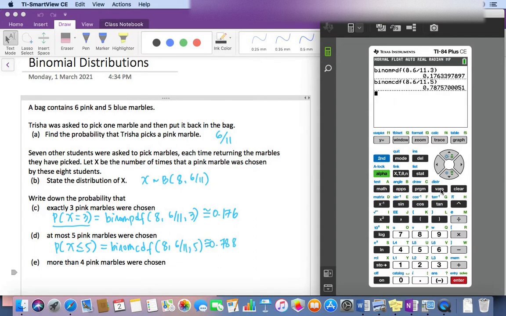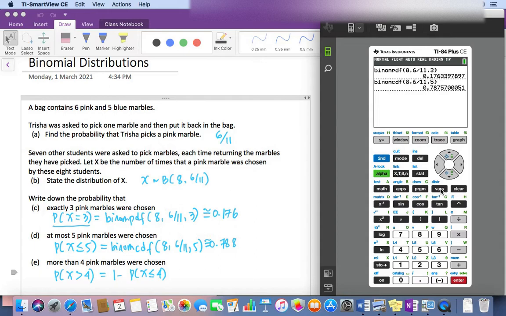Okay, and our last example is what's the probability that more than 4 pink marbles were chosen? So more than 4 is x greater than 4. The binomial CDF function is actually accumulating from 0, but we want only above 4, which means we want 5 and above. So what we need is 1 minus the probability that x is less than or equal to 4 because we do not want to include 4.